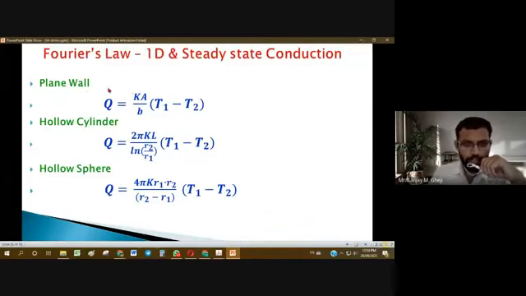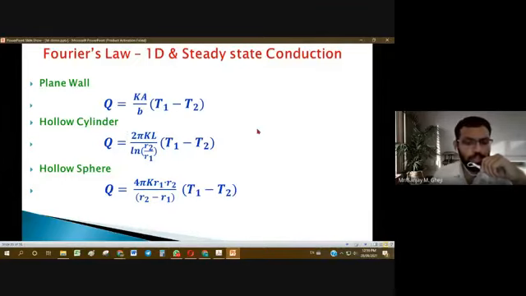If a wall is made up of brick material, the material is only single, only the brick. So only the conductivity k of brick will be applicable. The same is the case with a hollow cylinder. Suppose some tube is made up of copper.